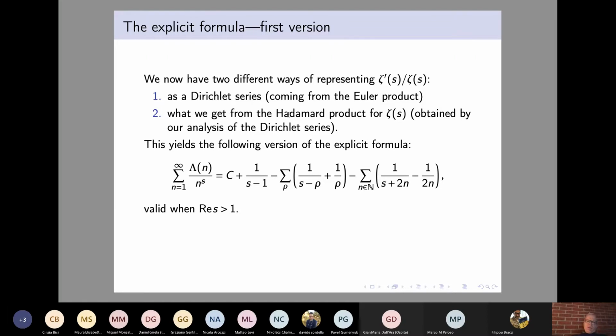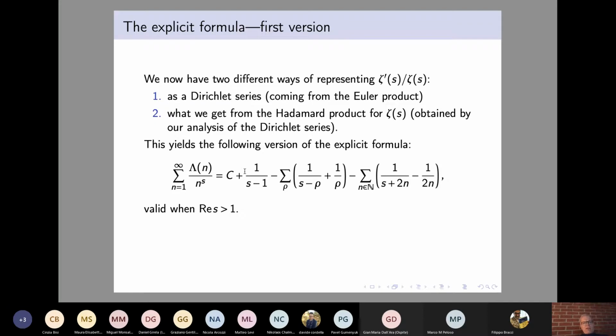So if you use the Hadamard product instead of the Euler product, you get for the logarithmic derivative the expression that I have put on the right-hand side of this equation. So the left-hand side is what we get from the Euler product, and the right-hand side is what we get from the Hadamard product. There is a constant there, which comes from the exponential factor in the Hadamard product.